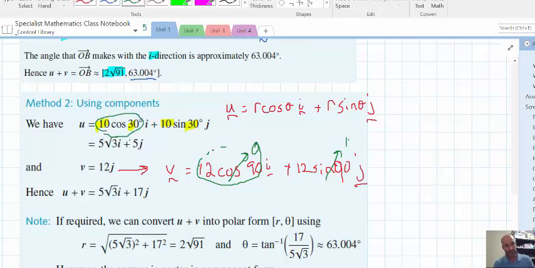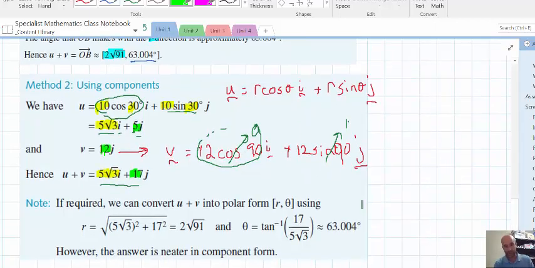These ones here, cos of 30 is root 3 on 2 times 10 is 5 root 3 i, and sine 30 is a half, so 10 times a half is 5j, and then you simply add them together, and so you've got corresponding components here. So we've got 5 root 3 plus 0 is 5 root 3 i. In the j's, we have 5 here and 12 there makes 17.